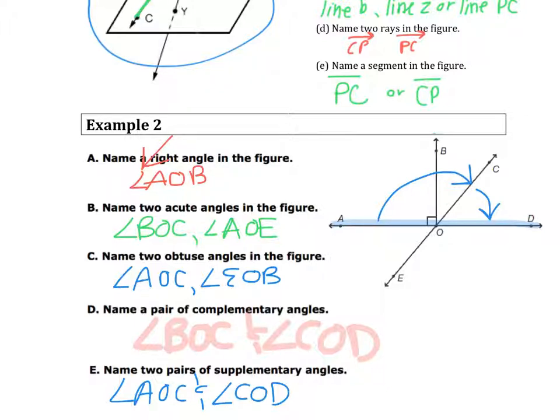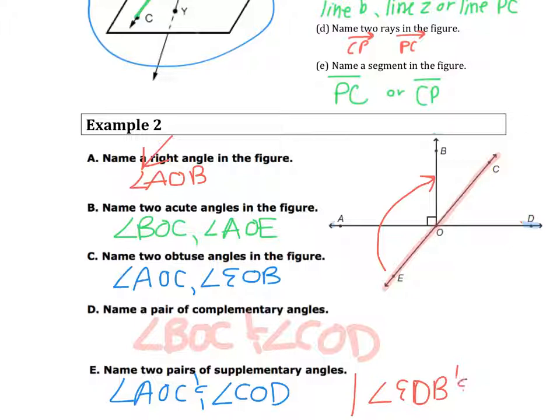Now let's do the same with the red. That was the one I wanted to use. So that's a pair. A pair, like a pair of socks, you needed two of them. So then here's the second one. I'm going to do EOB. And how would I finish EOB? Well, it needs to add up to 180, BOC.